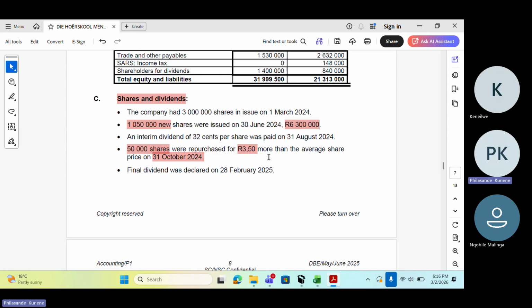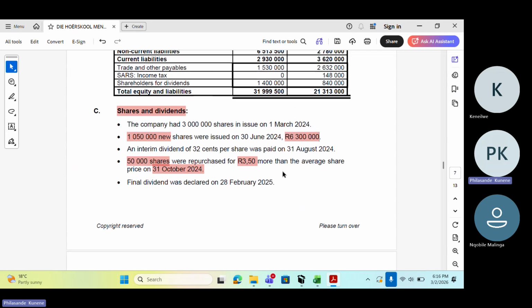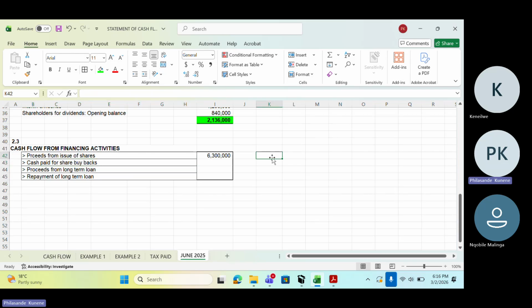No, it's R350 more than the average share price. So we need to calculate the average share price so that we can see how much it is.